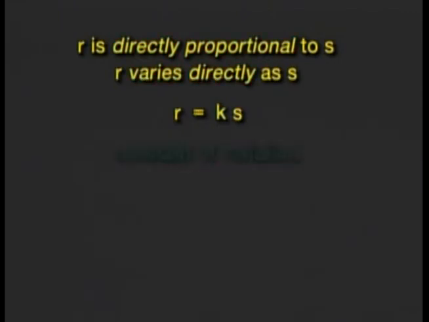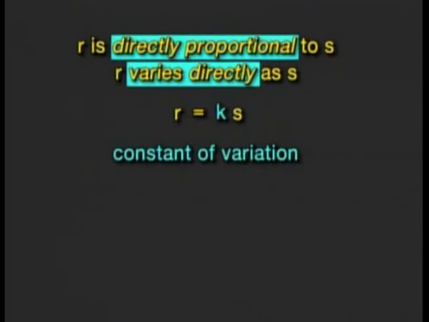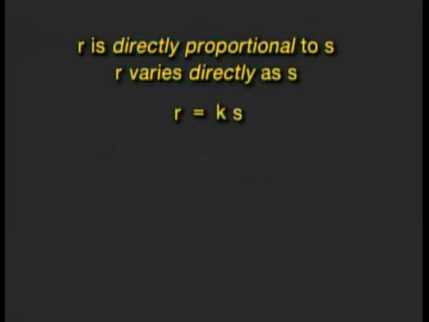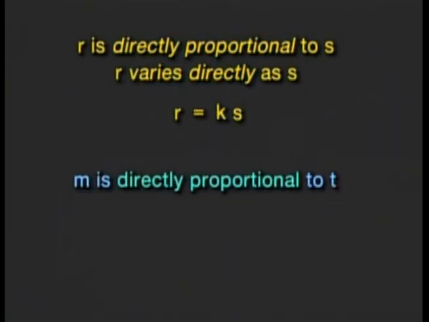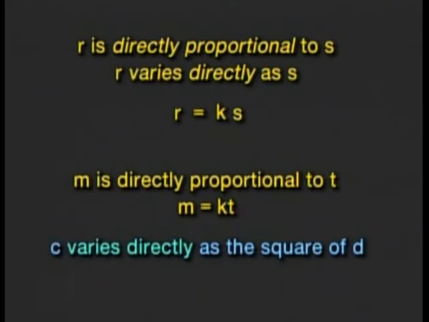We call the number K the constant of variation. The words varies directly or directly proportional tell us that one quantity in the formula is equal to K times some other quantity. M is directly proportional to t means the same thing as m equals k times t. C varies directly as the square of d means the same thing as c equals k times d squared.